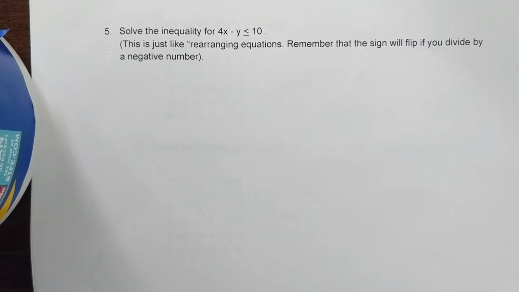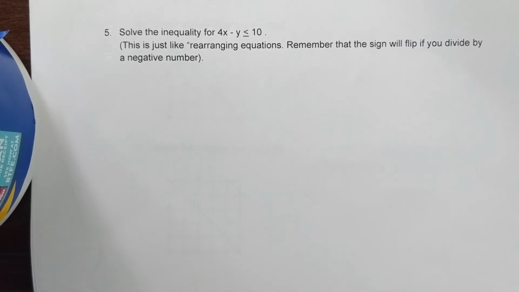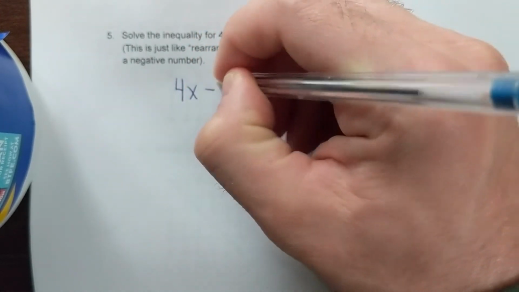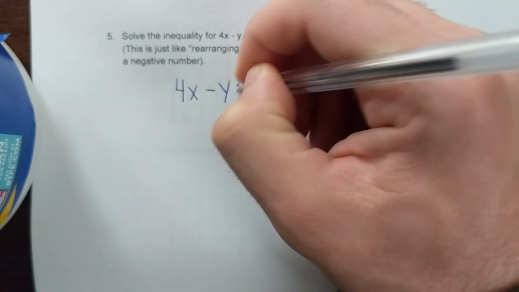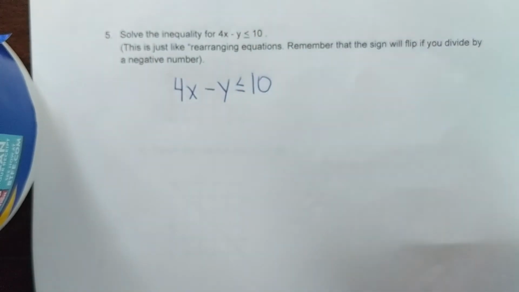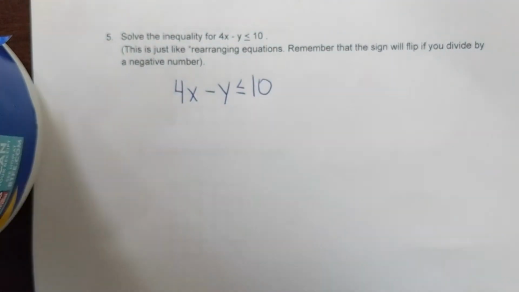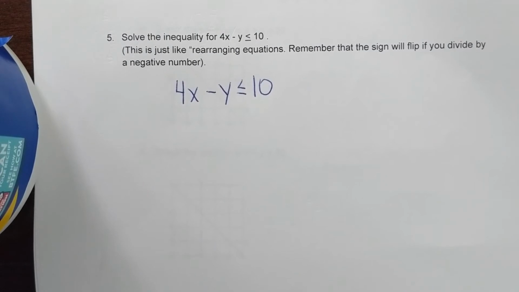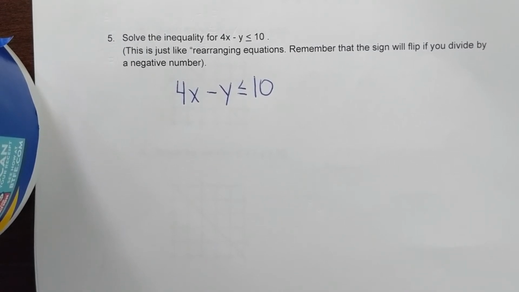for y. So if we solve this inequality for y, we have 4x minus y is less than or equal to 10. So the first thing we need to do is get rid of the 4x that's on the same side as the y.